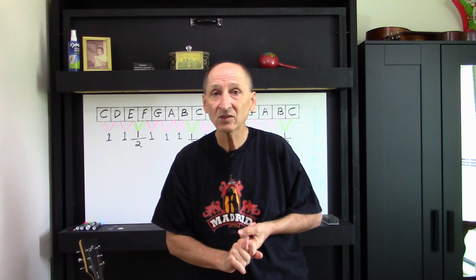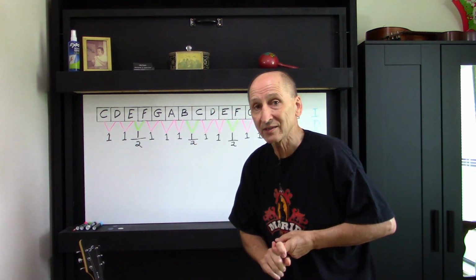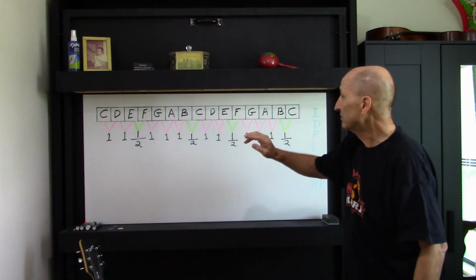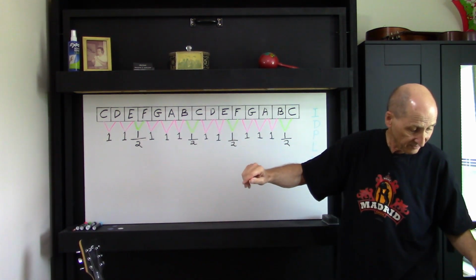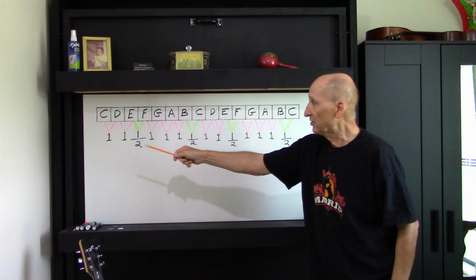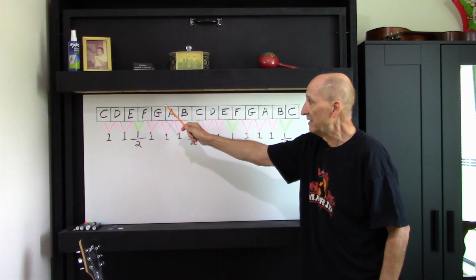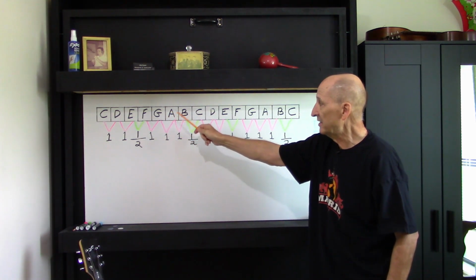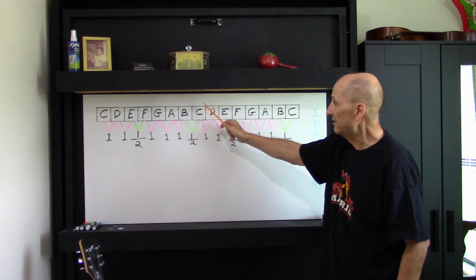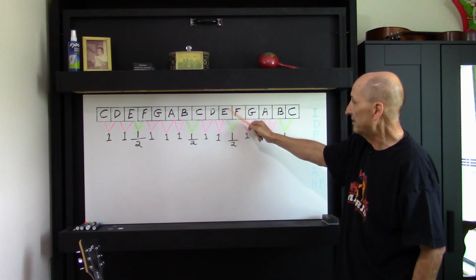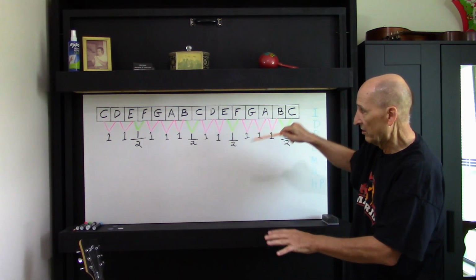First thing, pencil and paper. You're going to need this because you're going to write this chart down. All you need to write down is C, D, E, F, G, A, B, C, D, E, F, the whole nine yards.